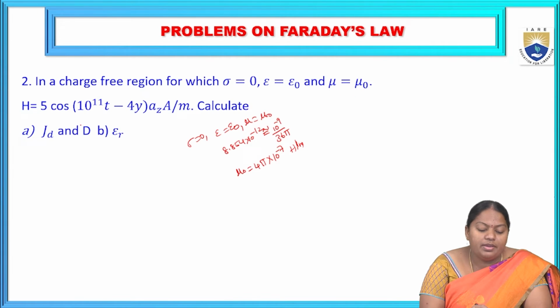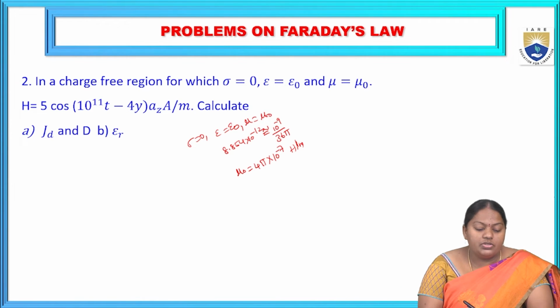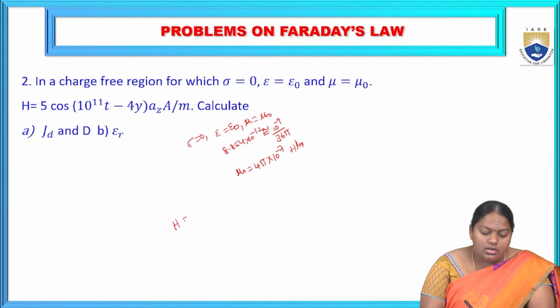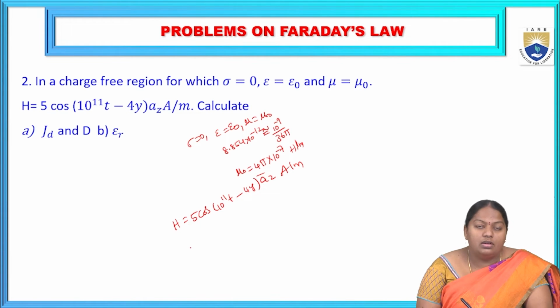Now H = 5 cos(10^11 t − 4y) a_z, and generally magnetic field intensity H is measured in ampere per meter. In general, the propagation characteristics of a wave are written by the mathematical equation H = H_m⁺ cos(ωt − βy) a_z ampere per meter.